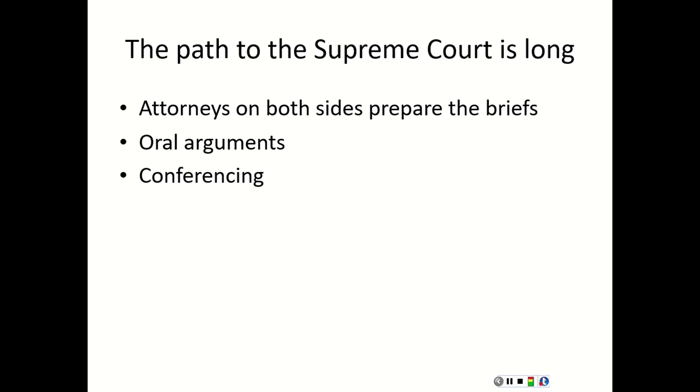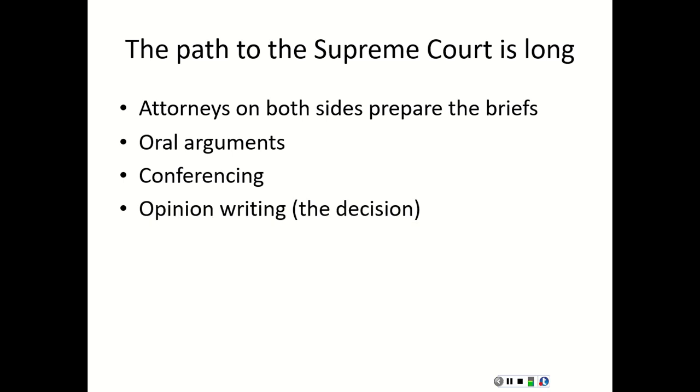Do you think that these justices will try to persuade other justices to their way of thinking? Sure, they do, all the time. The conference period lasts until we get a majority decision. The majority decision says, okay, so-and-so won, so-and-so lost.